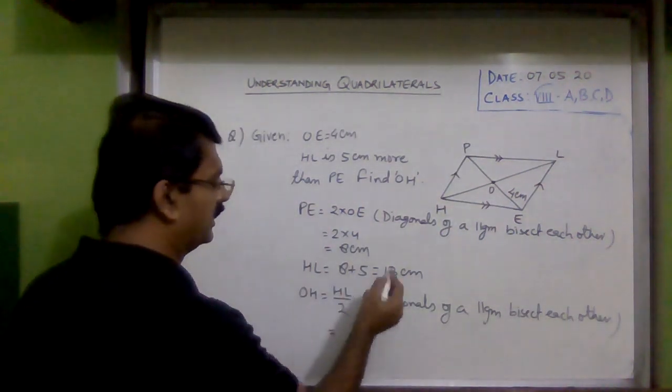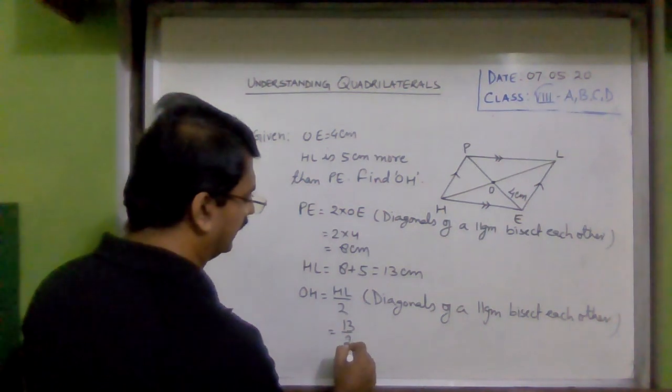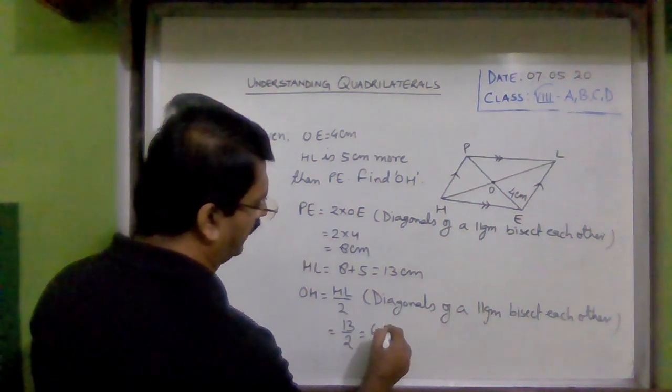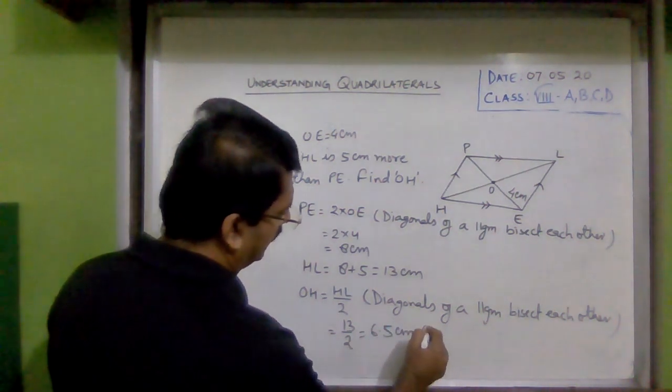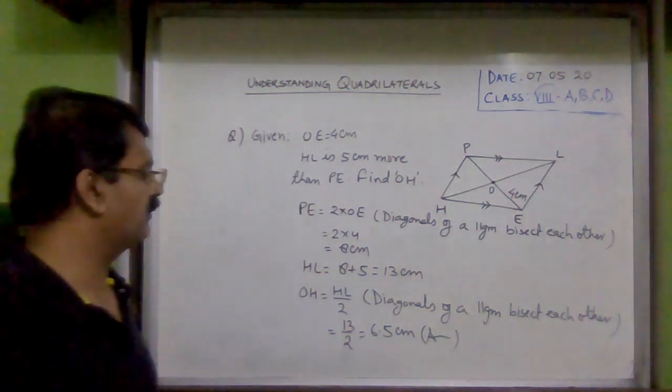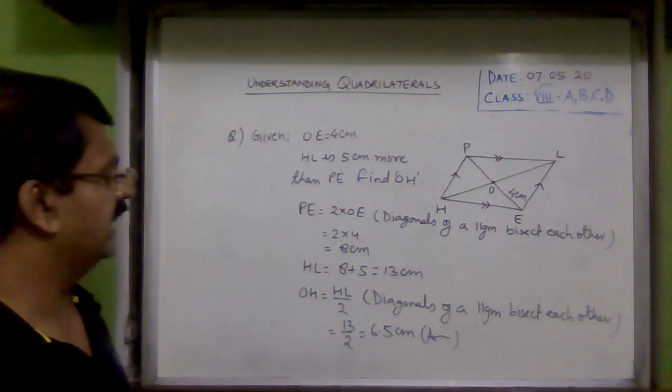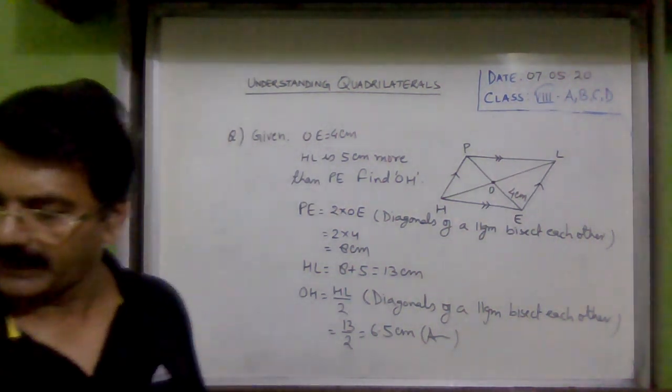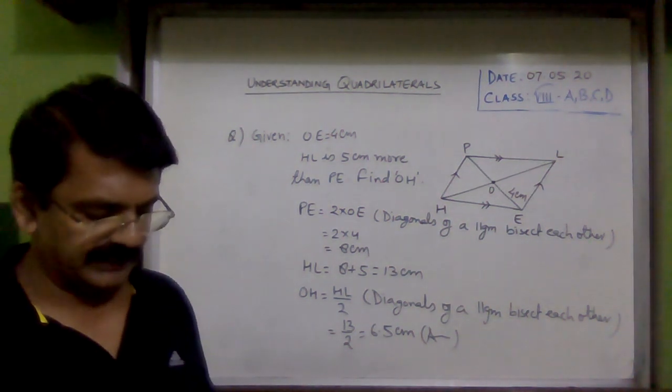Now HL we have already calculated 13. 13 upon 2, that is 6.5 centimeter is your answer. So the length of OH is 6.5 centimeter. Clear? Now we will do the next question.